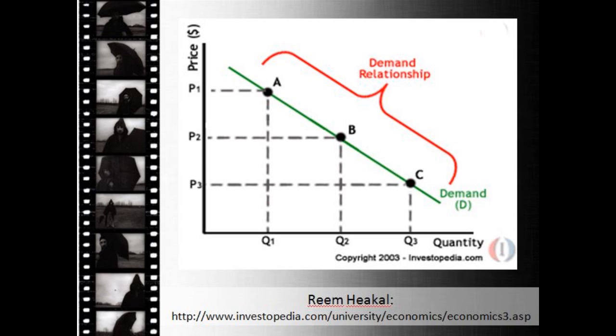The higher the price of a good, the lower the quantity demanded, or A, and the lower the price, the more the good will be in demand, or C. It means that if the price is high, you will need less, but if the price is lower, you will need more.